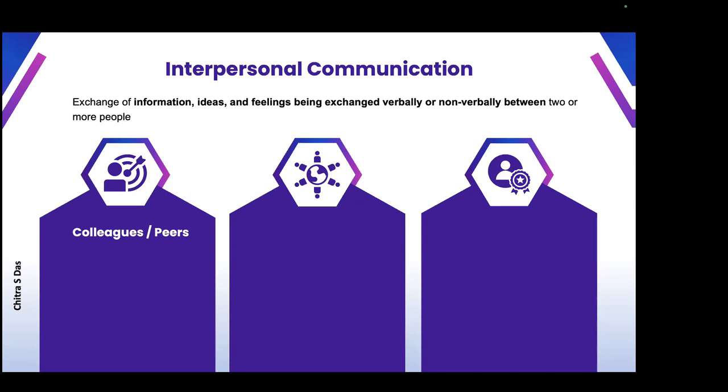And how do I respond in tricky situations? I really don't know how to do that. So what are the things you need to keep in mind when you are interacting with your colleagues or peers, that is, people who are at the same level?